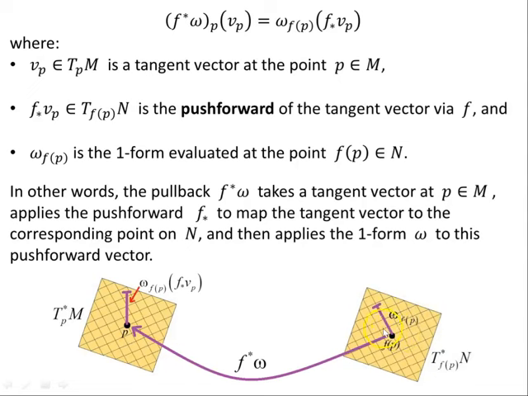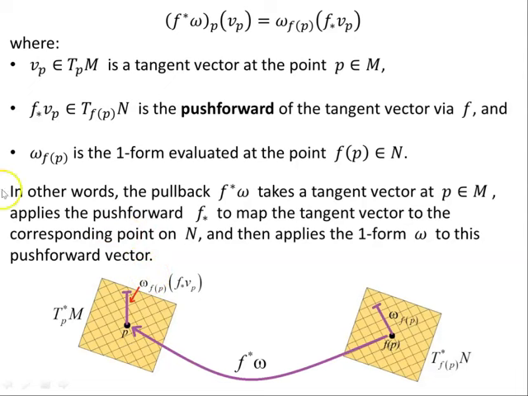We have our one form evaluated at that point, and you'll see later how the map f comes into that to take it from the coordinates here to the coordinates over there. And then when we pull that back under the pullback map, we get a one form over here. That pulls this one back to here to give us a one form on the manifold M in the cotangent or dual space of the manifold M.